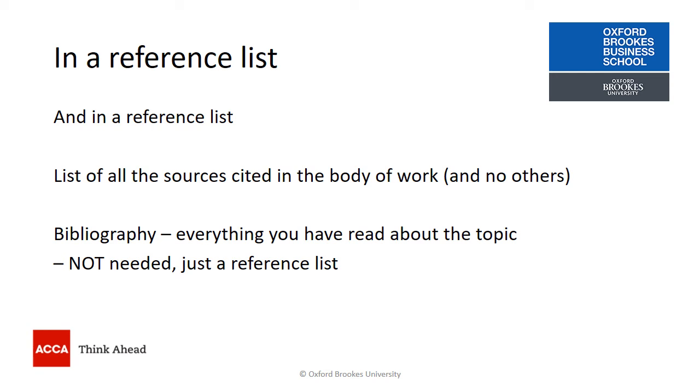A bibliography is everything that we've read about a topic, and that is not needed in our research and analysis project submission. We are looking for a reference list. So that is the list of things that you have referred to in your writing. So all the in-text citations appear in the reference list.